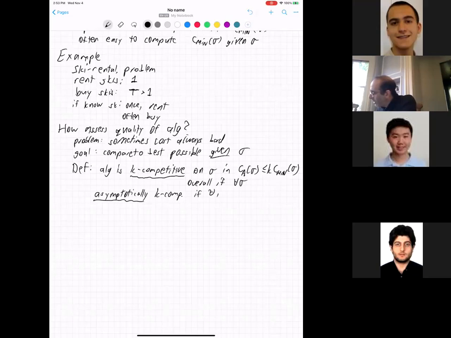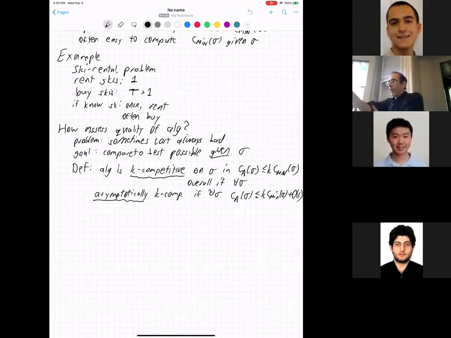If for any sequence, my cost is at most k times the optimum plus a constant. So if my algorithm is at most 7 times the optimum plus an extra $1, well, as the cost grows, that extra $1 doesn't matter, and so I won't worry about it.